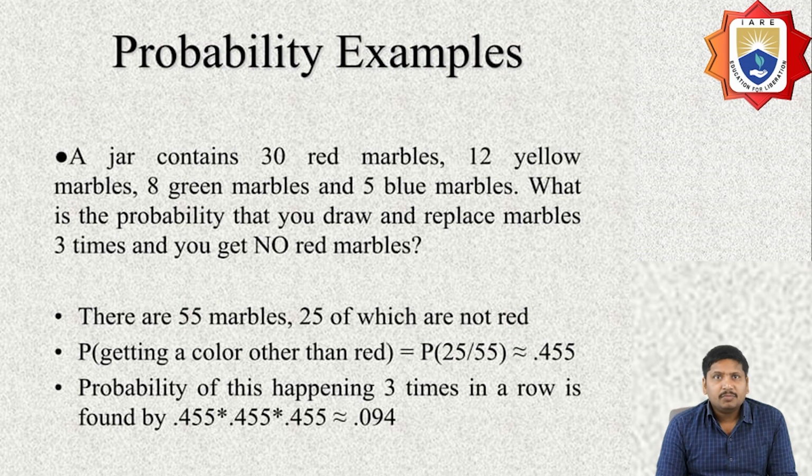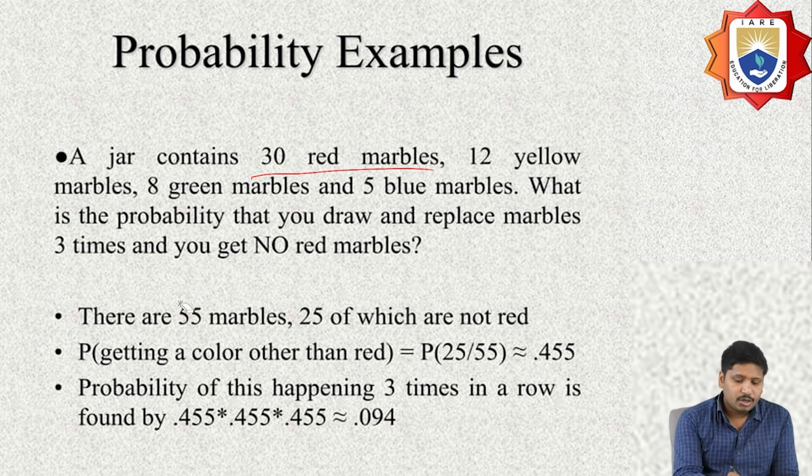So probability examples I'm going to explain. A jar contains 30 marbles: 12 yellow, 8 green and 5 blue marbles. What is the probability that you draw and replace a marble 3 times and get no red marble?